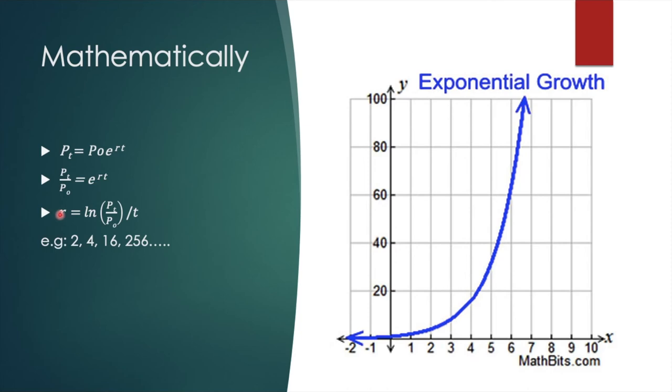So r equals ln(P(t)/P0) divided by t. This is the formula for the exponential growth rate. The exponential series comes up like this: 2, 4, 16, doubling every step. The graphical representation of exponential growth looks like this.